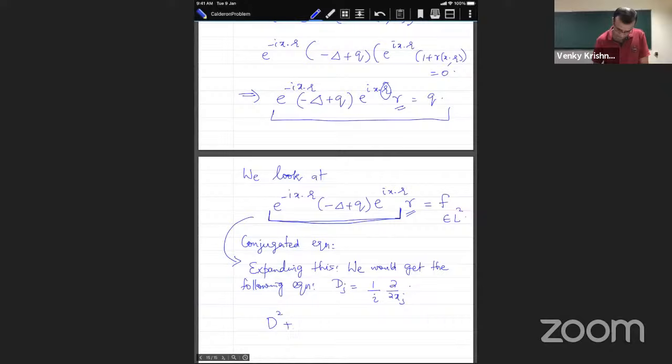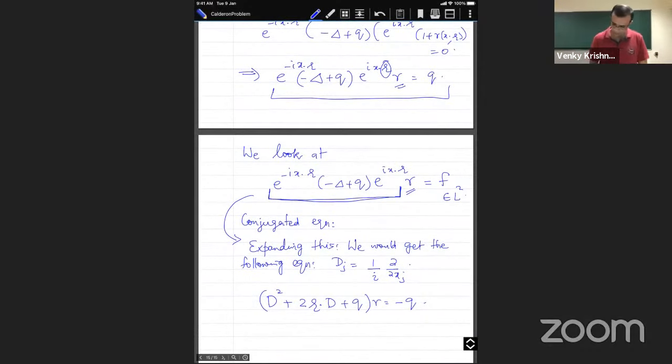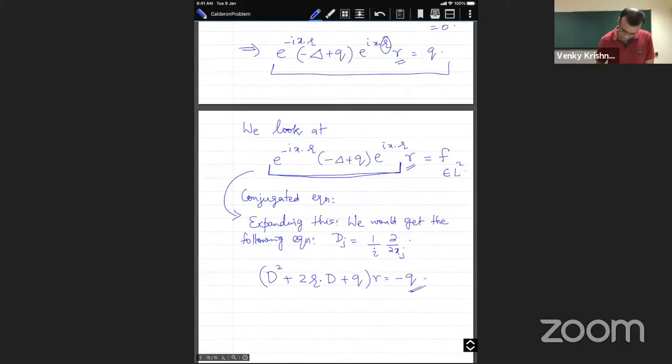You have D squared plus 2 zeta dot D plus q, applied to R, equal to minus q. And as I told you, the same proof will actually work for any f on the right hand side. So I'm not going to consider the q on the right hand side, just any general f. Okay. So the theorem is as follows.